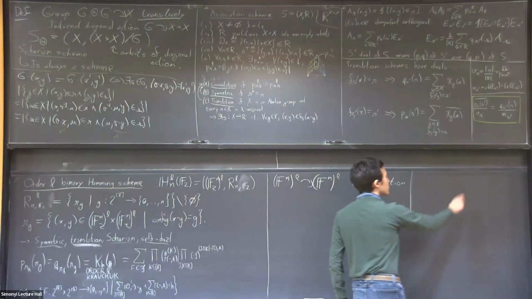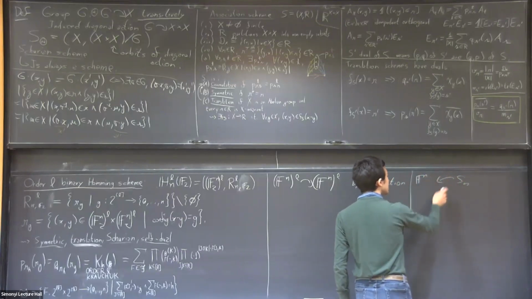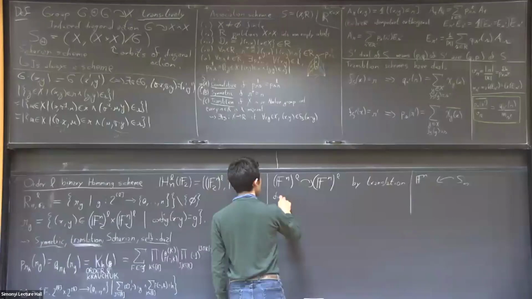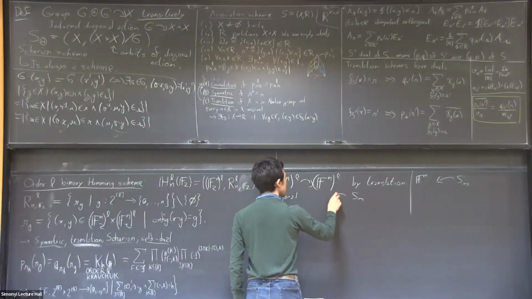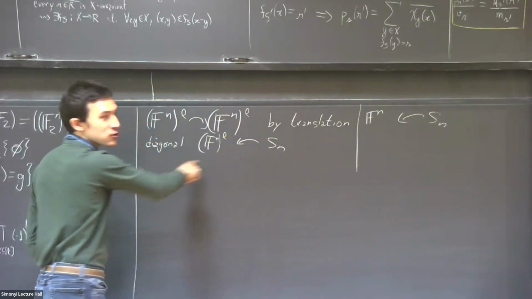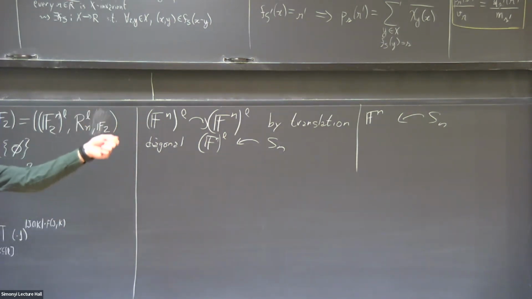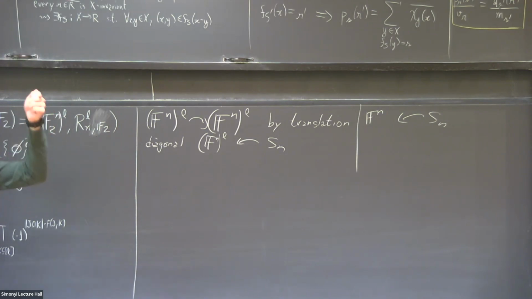So if you remember, we had the natural action by permutation of Sn on F^n. This gives you a diagonal action of Sn on this (F^n)^L, meaning that you permute all of the code words at the same time with the same permutation, okay? Each of these guys is an n-bit string and you use the same permutation of n in all of them, right?